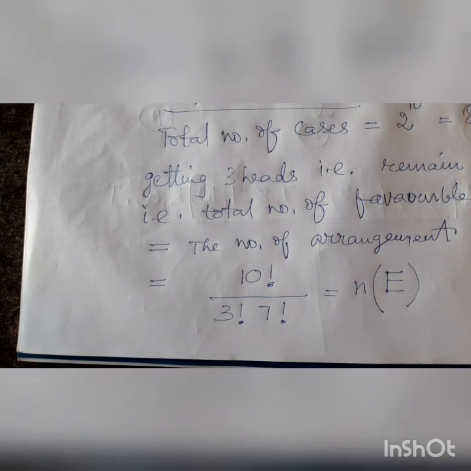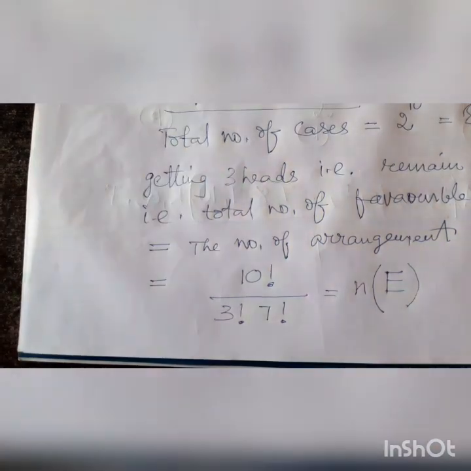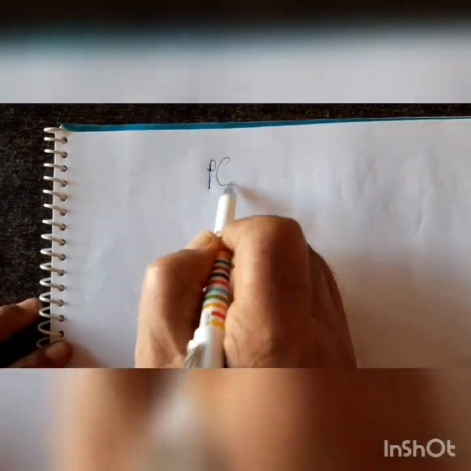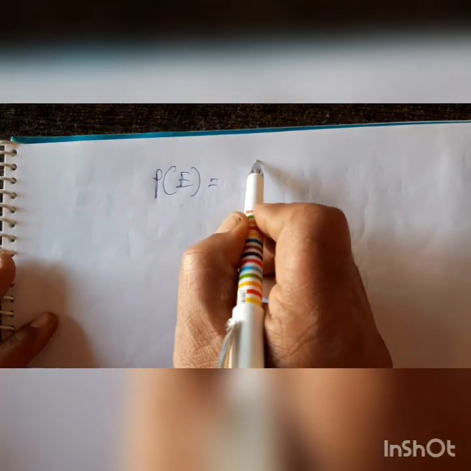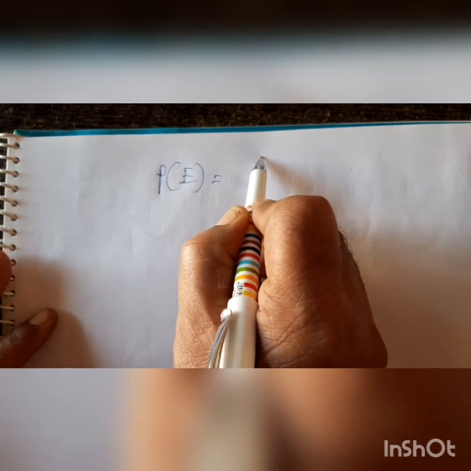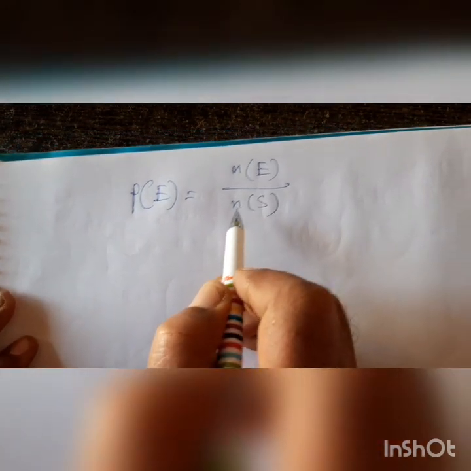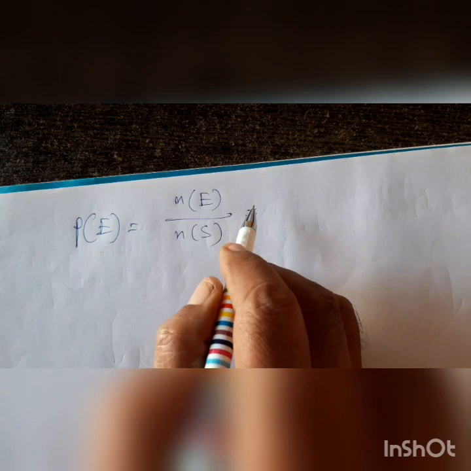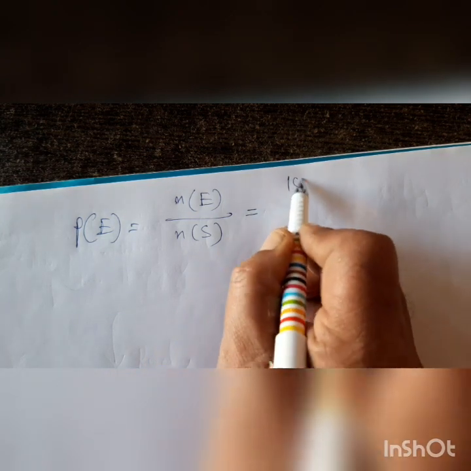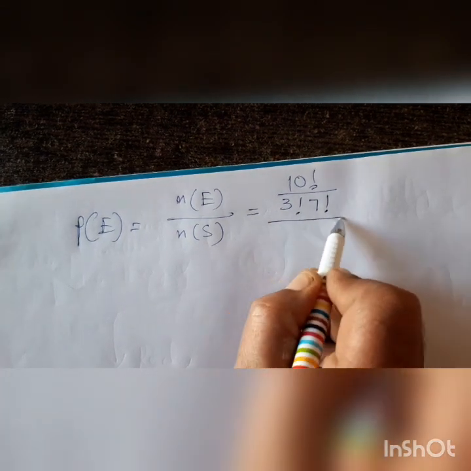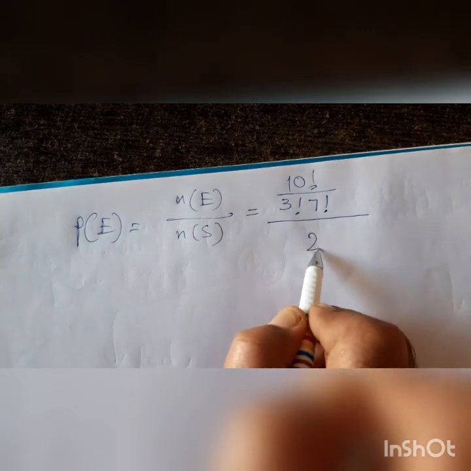Like this, we have given n of E. So what is the probability of this? Probability of the event is favorable events, n of E by n of S. N of E is 10 factorial by 3 factorial 7 factorial, whole by n of S, which is 2 power 10.